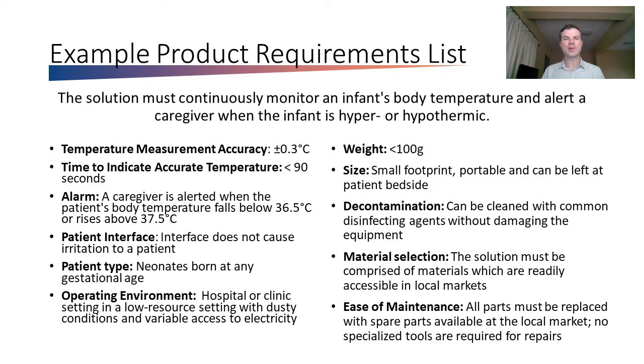If we look at each product requirement, we'll see that these requirements don't state what the solution is, but they do state what your solution must achieve. For example, if we take a look at the alarm requirement, we'll see that the alarm must alert a caregiver that the baby's body temperature falls outside of a certain range. It doesn't say how that caregiver should be alerted.